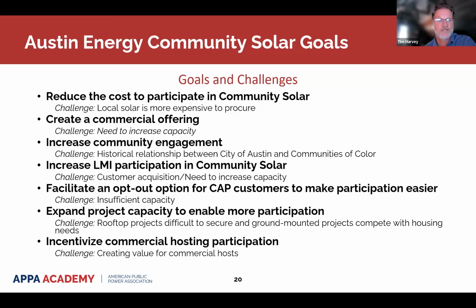But for it to load match, you have to have the generation and or stored generation to meet their load at the time that they're consuming power. So we're looking into these potential offerings for certain commercial customers.